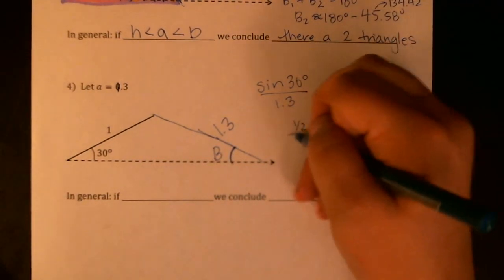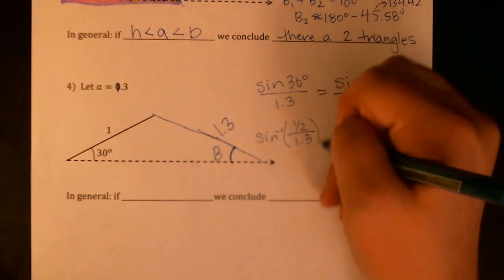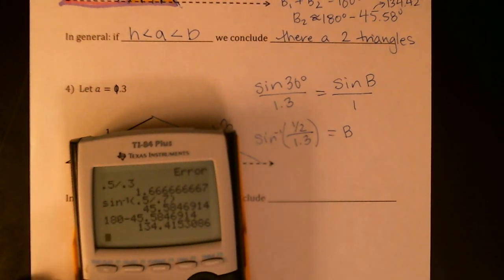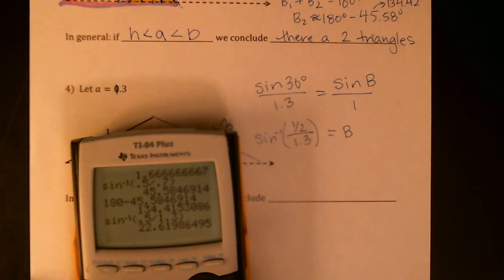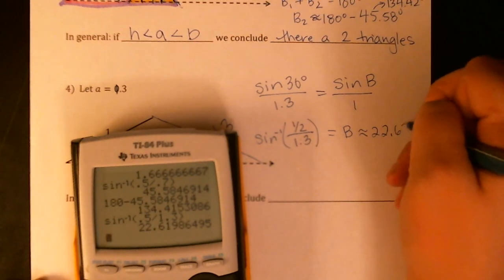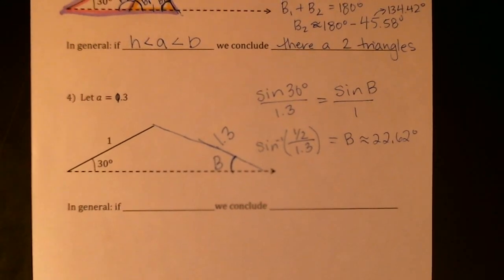So this is 1/2 over 1.3. Then we'll take the inverse sine of that, which means inverse sine of 0.5 over 1.3 is 22.62 degrees.